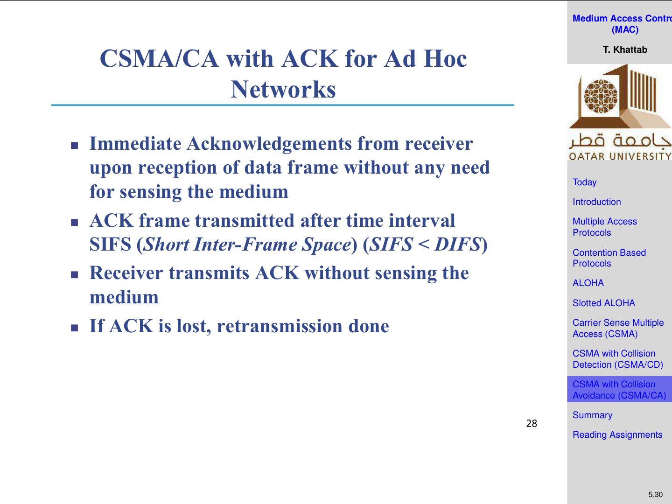Sorry, this slide is not talking about that problem. This is just talking about the acknowledgements, and as I mentioned, the acknowledgements are made sure to be transmitted with higher priority than the regular frames, by the fact that they wait for SIFS only.